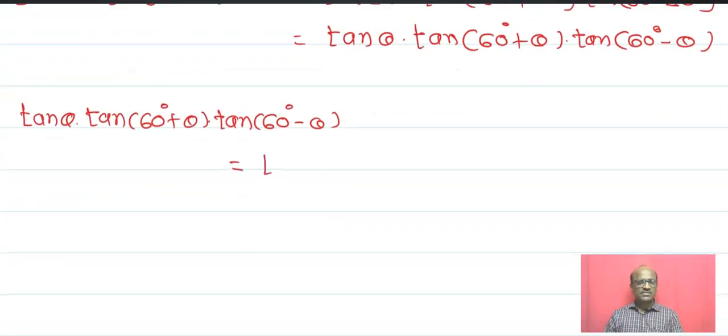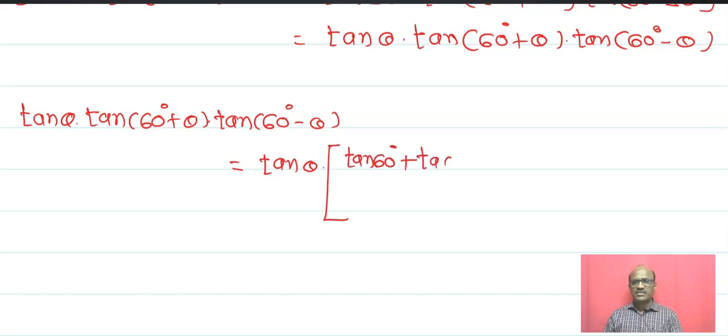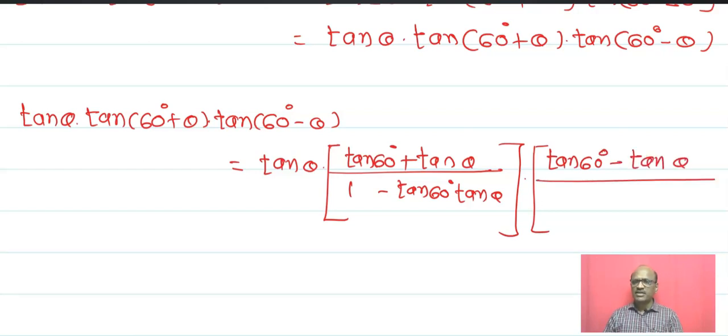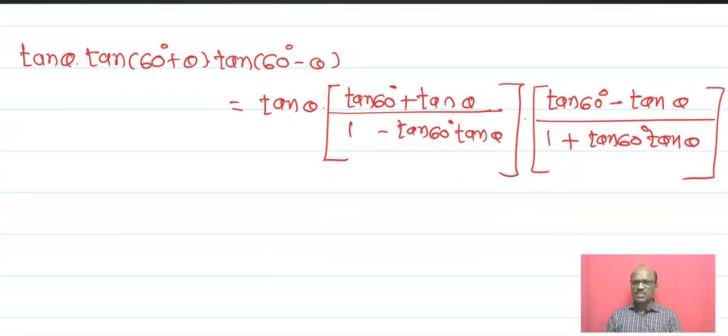All these terms: tan theta in bracket, tan of theta plus 60, that is tan 60 plus tan theta upon 1 minus tan 60 into tan theta. In the next bracket, tan 60 minus tan theta upon 1 plus tan 60 into tan theta.